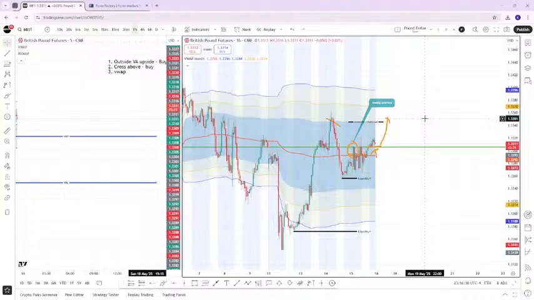We're imbalance up from these levels. Actually, let's add that here.